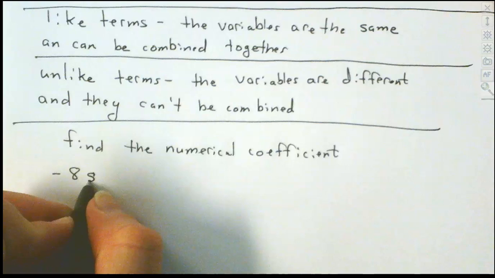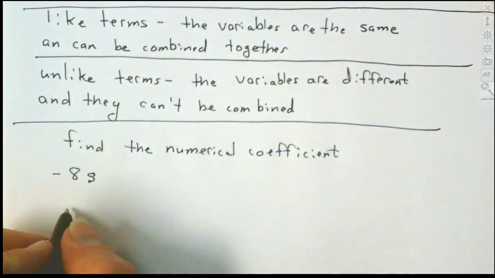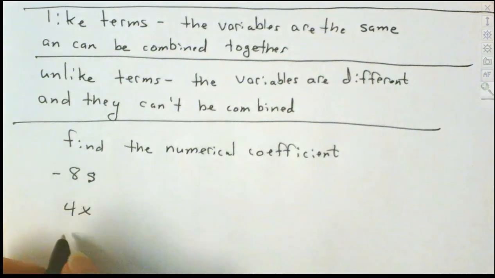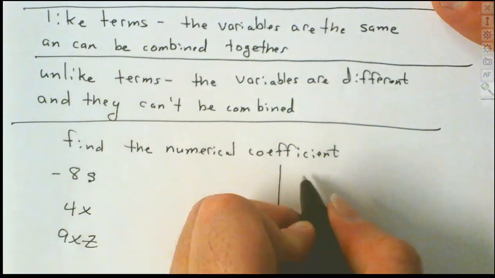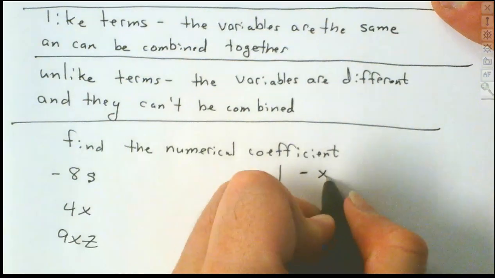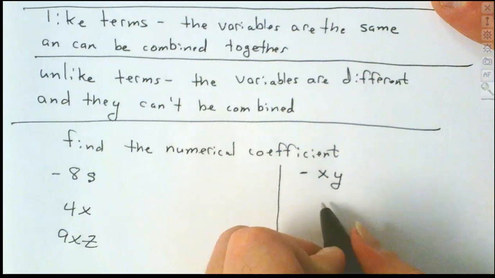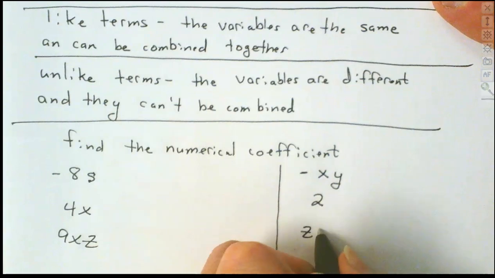Let's do each one of these. We'll just find the numerical coefficient for each one: negative 8x, 4x, how about a 9xz, and then let's find, how about minus xy, how about a 2, and how about zw?